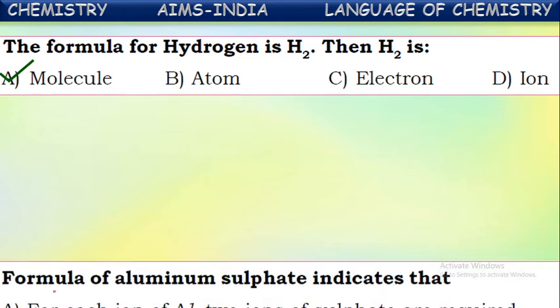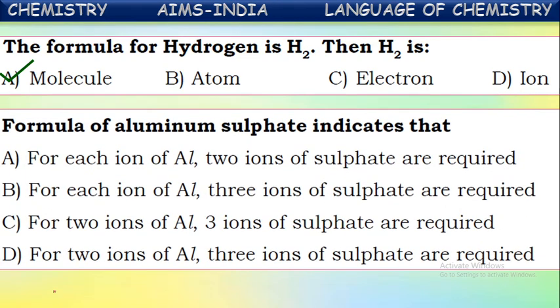Okay, next one. Formula of aluminium sulfate indicates. Aluminium sulfate. Can we try to write the aluminium sulfate formula? We know the ion formed by aluminium is Al plus 3, and the sulfate ion, or sulfate radical, formula is SO4 minus 2.